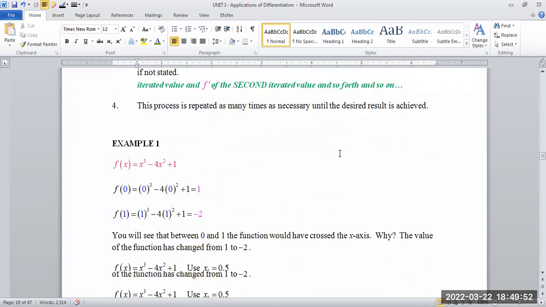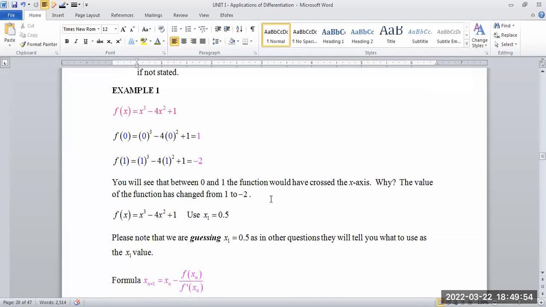Sometimes in the question, they will start it at x0. So here I would say, please know that we're guessing x1 to be 0.5, meaning my first iteration. Sometimes in the question, they may denote the first iteration by x subscript 0, and then the next iteration as x subscript 1.